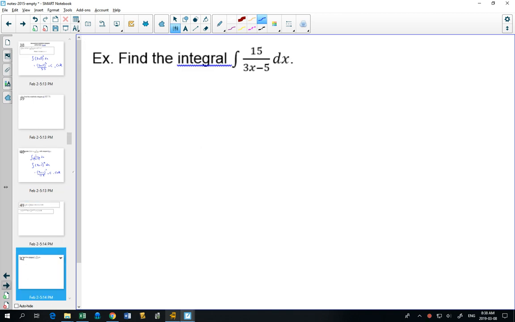So try this one. Now, this step is not necessary, but you're allowed to bring that 15 out in front to maybe help you see that this is a 1 over x integral.